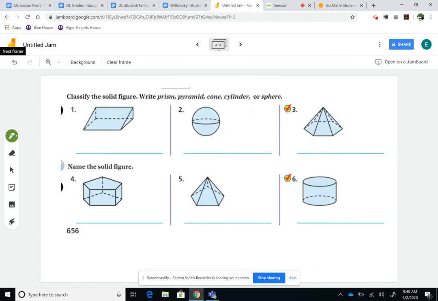All right, so let's do these ones now. Classify the solid figure. Write prism, pyramid, cone, cylinder, or sphere. Now for the first one, the base is here. And it's not a pyramid, even though it kind of looks like it might be. It's a rectangular prism.